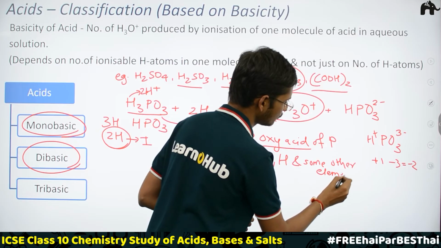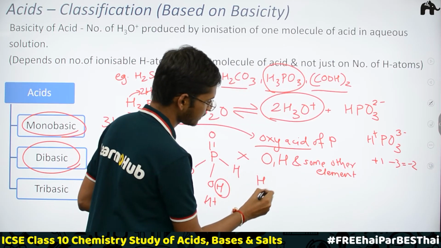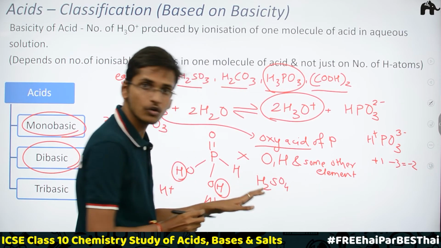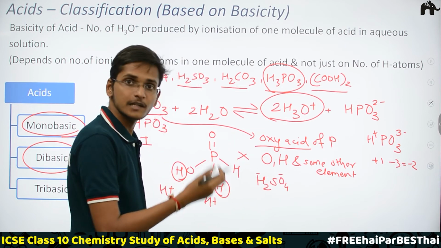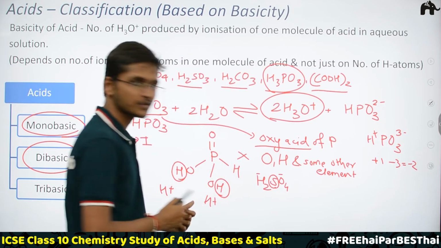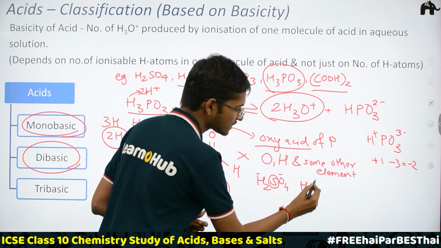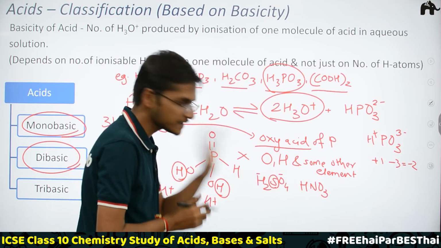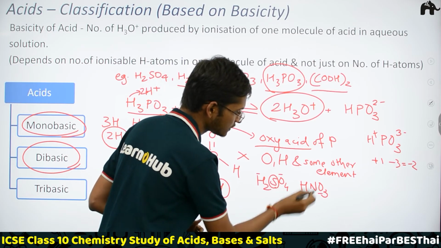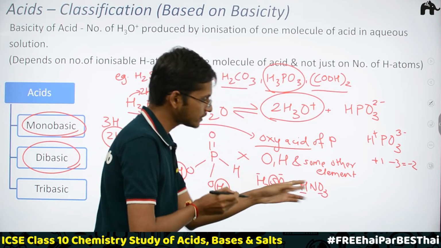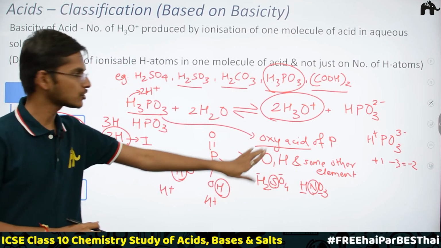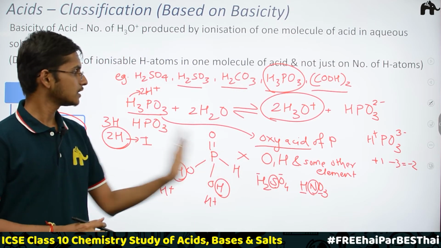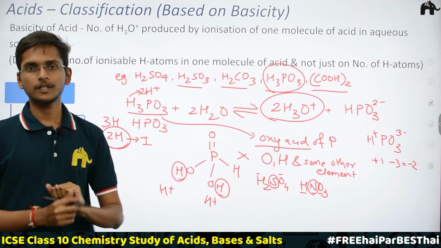Now you can tell me that H2SO4 is also an oxy acid having oxygen, hydrogen, but now it is the oxyacid of which element? Sulfur, right? Same way HNO3 is also an oxyacid, because it has oxygen, hydrogen and some other element. Now it is the oxyacid of which element? Nitrogen. So these are examples of some oxyacids: H3PO3, H2SO4, HNO3.